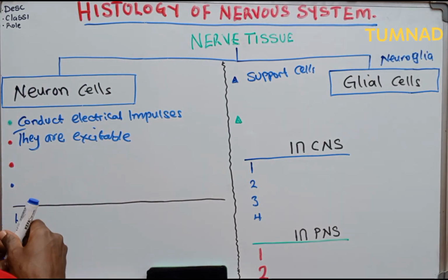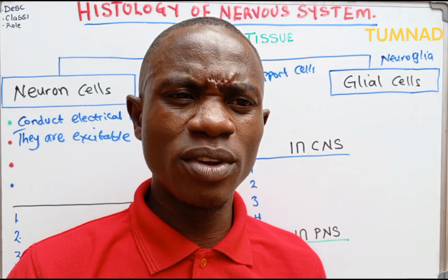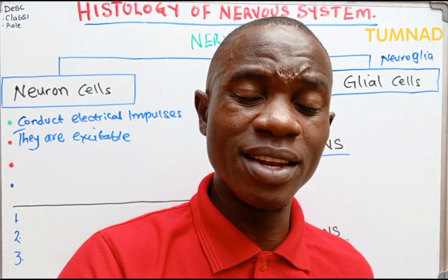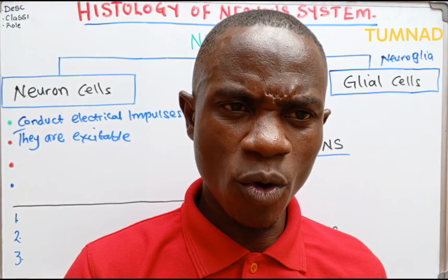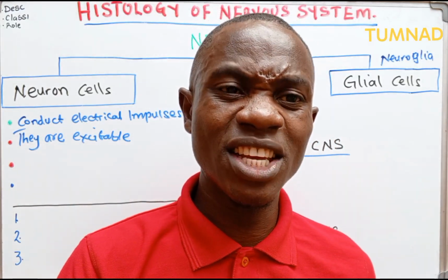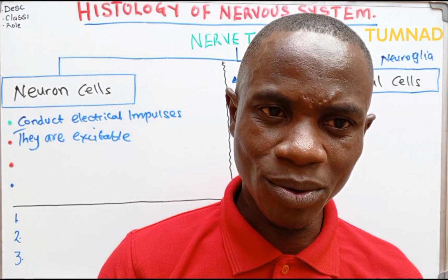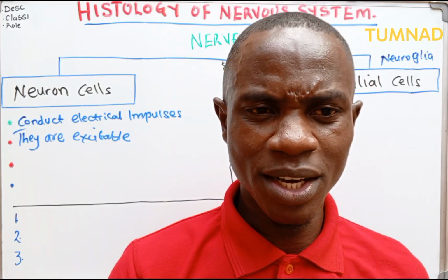Another thing is that we have a lot of neurons. You can ask yourself, how many neurons do you expect in a normal human being? Actually, we have billions of neurons. So I can say you are billionaires as far as neurons are concerned, not money.